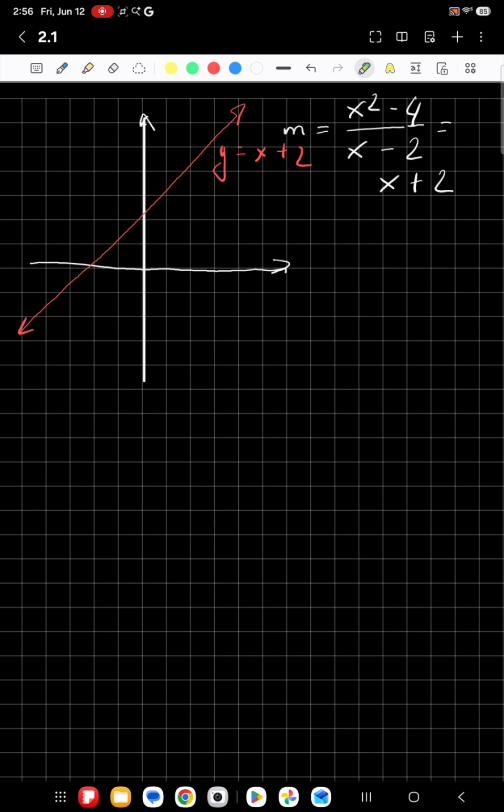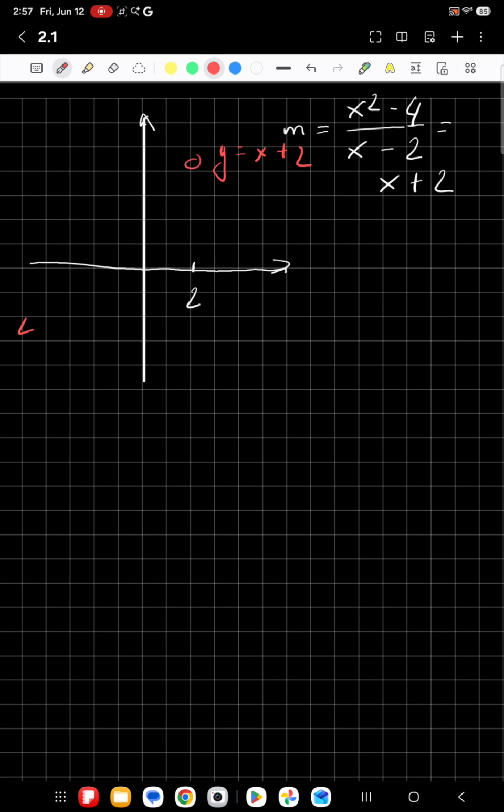The only difference is that there will be a hole at 2. I'm not sure if I can draw that hole here. You guys probably know how to do it.